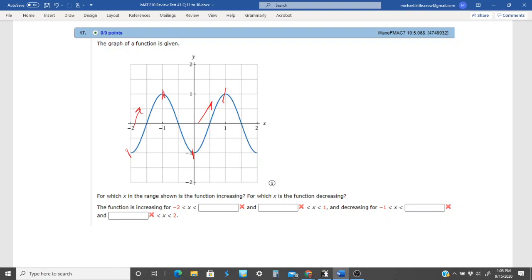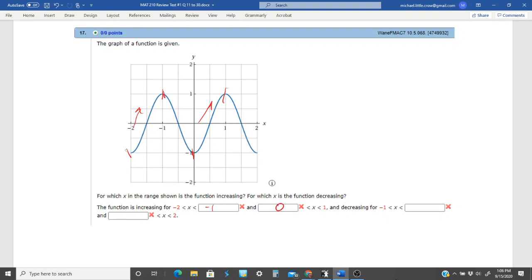For which x is the function decreasing? And then of course decreasing in these other ones. So the function is increasing from x equals -2 until -1, and then again from 0 to +1.